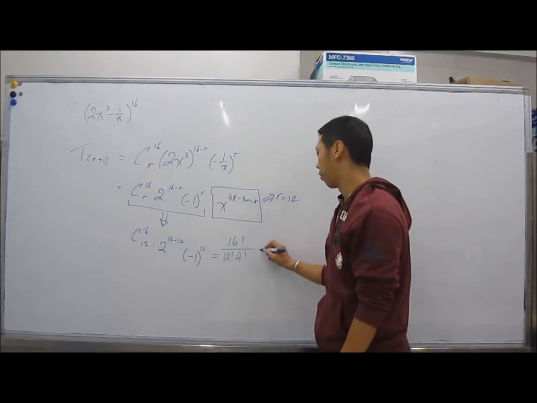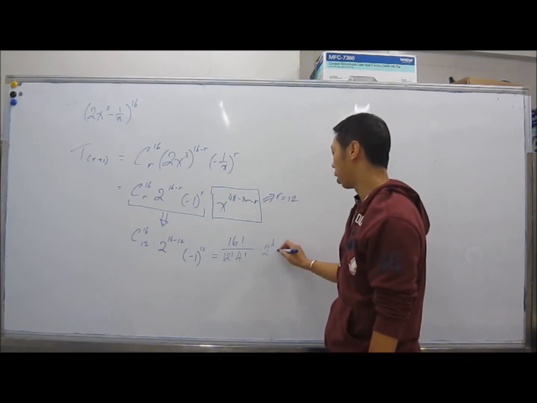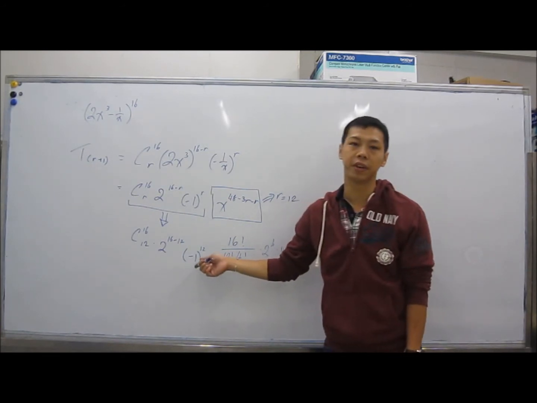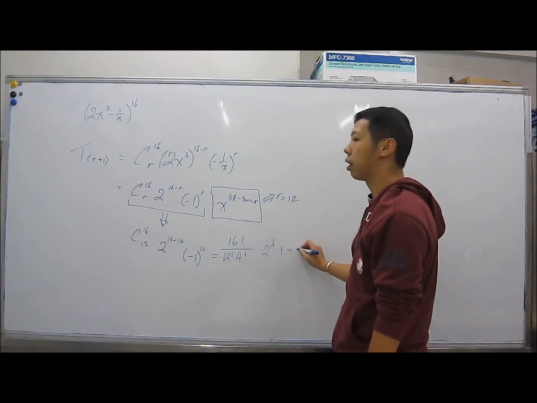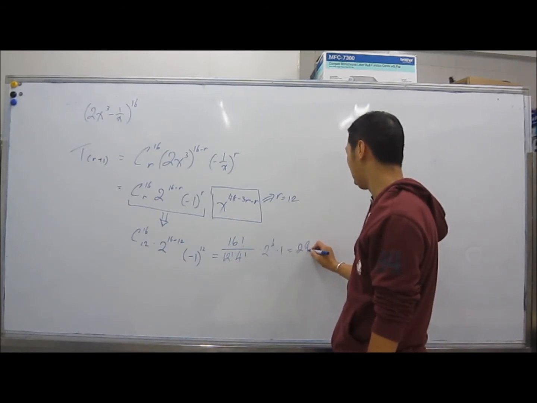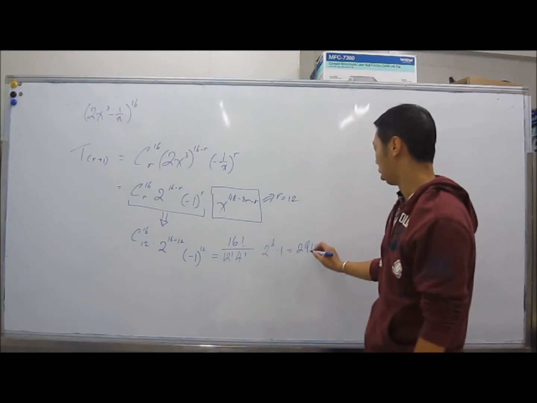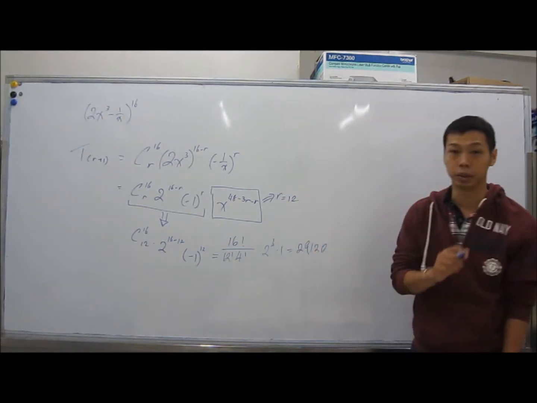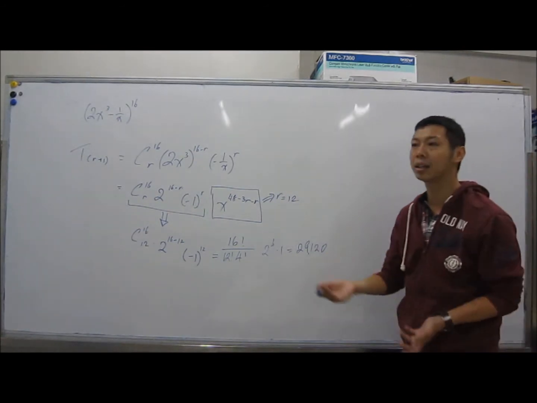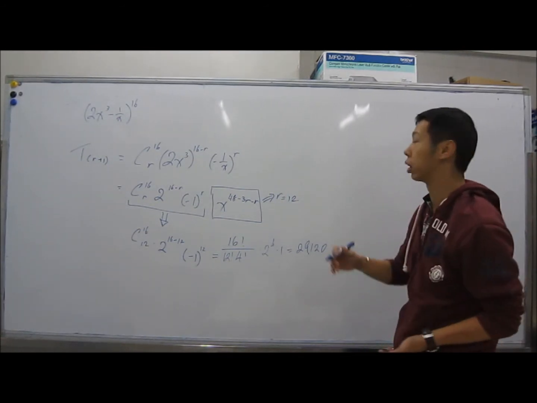This is 2 to the power 4. The last one is 1, because for an even index, negative 1 is positive. So the final answer will be 29,120.